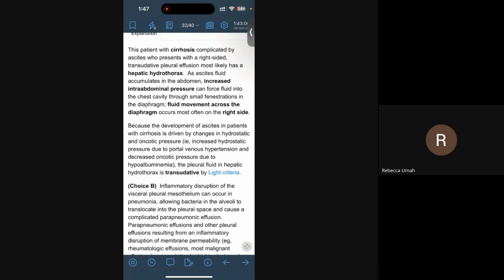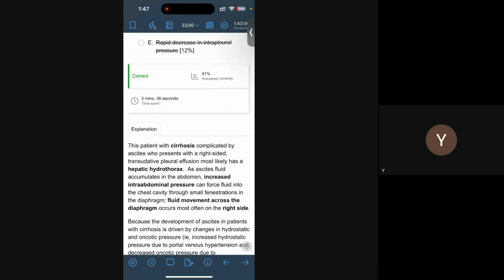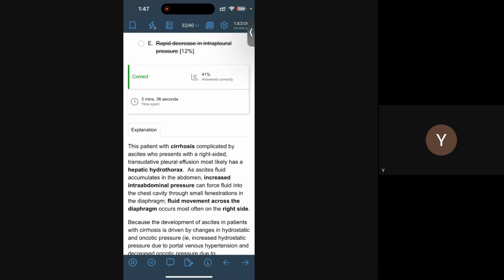Is this similar to what we see in pancreatitis effusion, or is it different logic there? It is different.